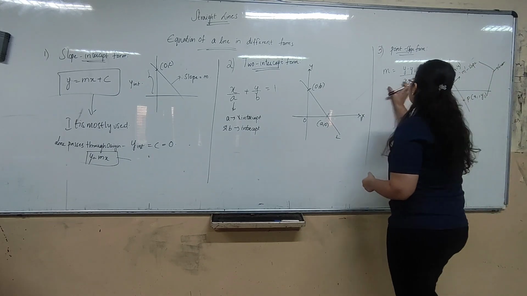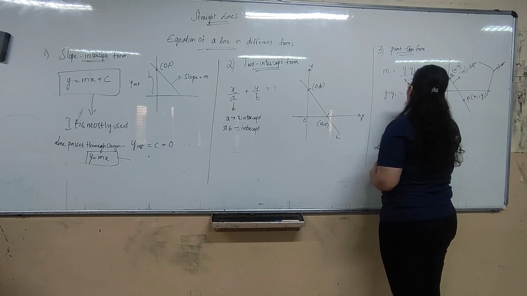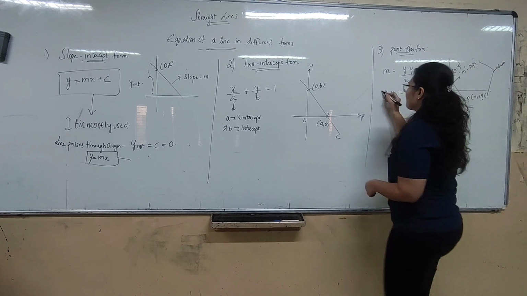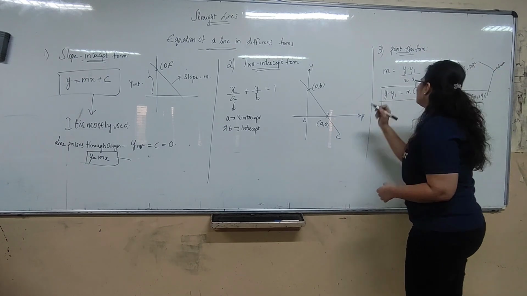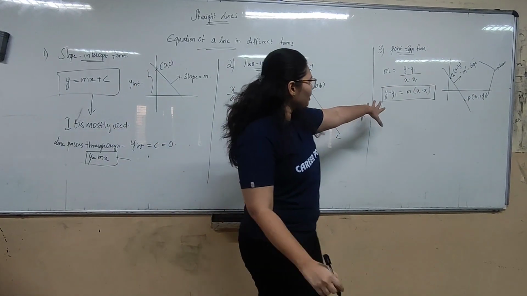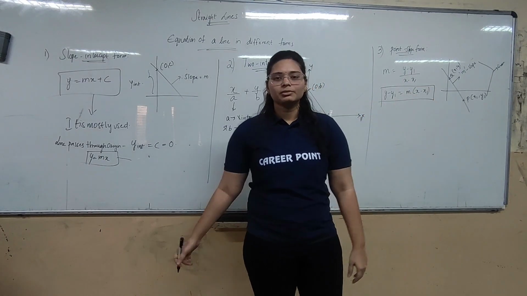If we cross multiply, y - y1 = m(x - x1). This is the equation of the line in point slope form, right?